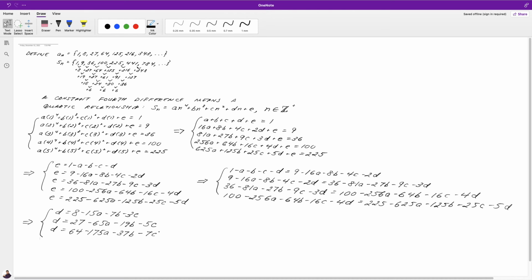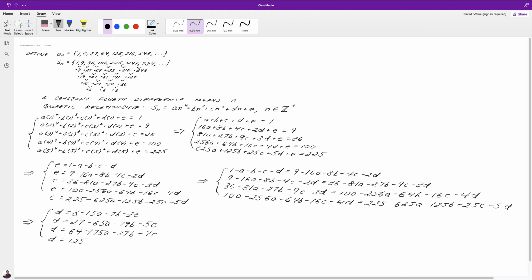Okay. And then for the fourth equation, let's add 5D to both sides. Okay. And then subtracting 100 from both sides. You can see a pattern developing here, can't you? 2 cubed, 3 cubed, 4 cubed, 5 cubed. Okay, adding 256A to both sides.